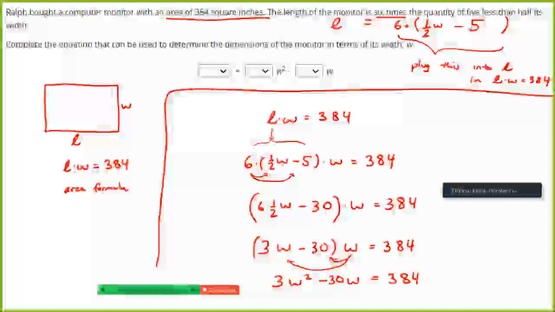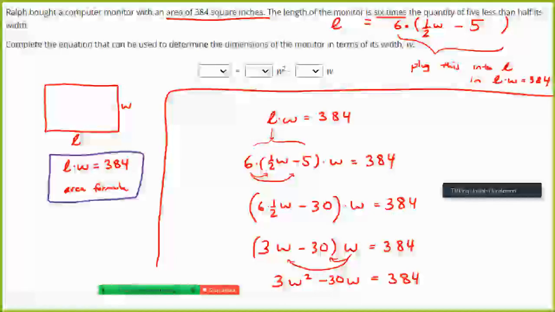These are tricky because, one, we have to know our different areas and volumes, because in a lot of the word problems, we're talking about area or volume. So we had to know area over here, area of a rectangle. How did I know it's a rectangle? Because they said it's a computer monitor. So if we don't know what that means, that can make it even trickier.